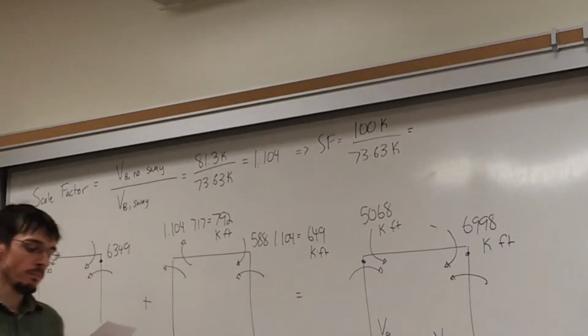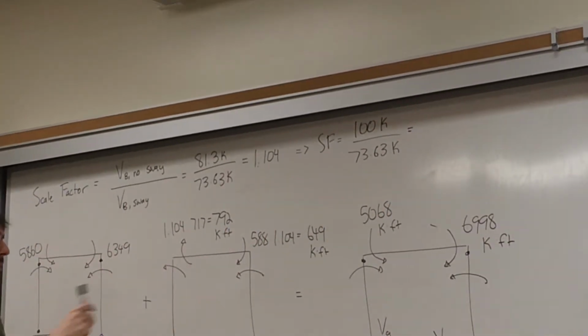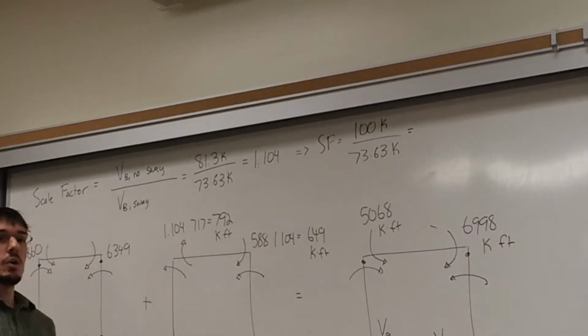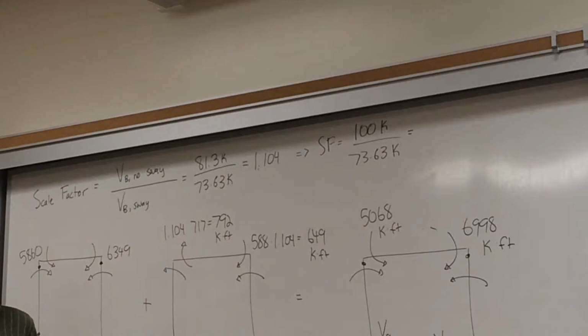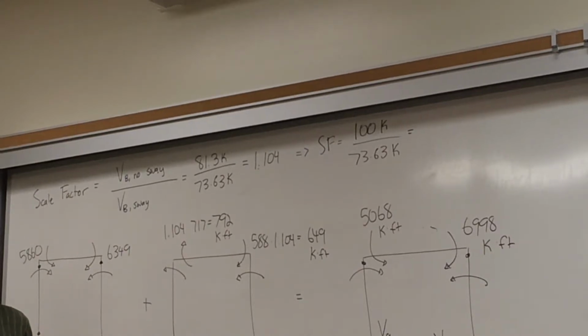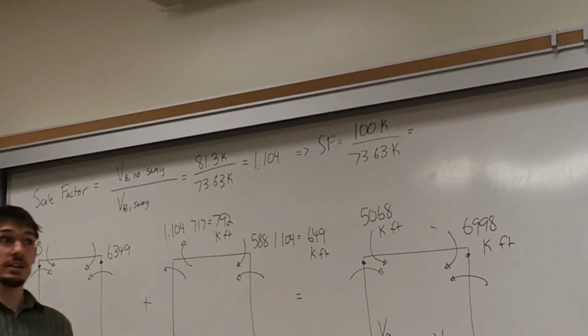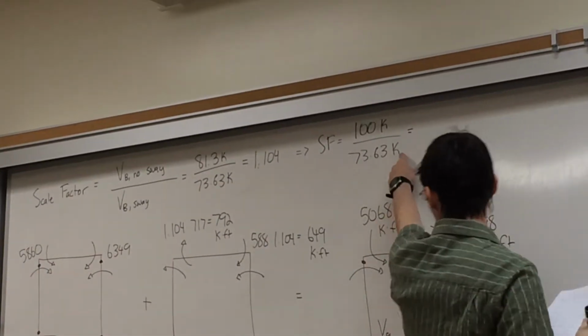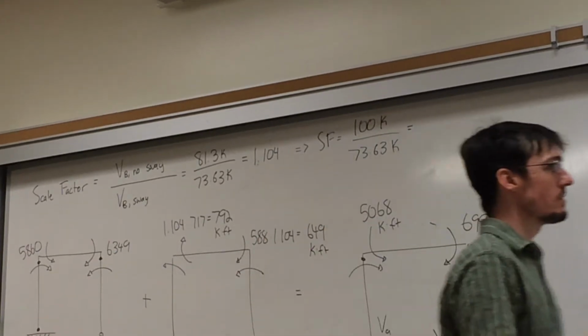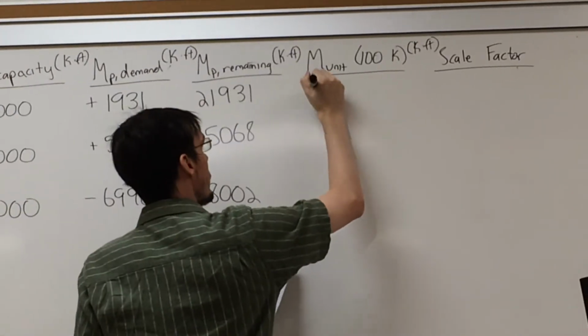Didn't have it written down. But that gives you the unit moments that develop associated with a 100 kip lateral load. So now we're scaling this back up because this is useful to us in terms of determining how much lateral force is going to be required to form our next plastic hinge. So if you come up with that scale factor and you multiply it by those unit moments, you end up with the following.